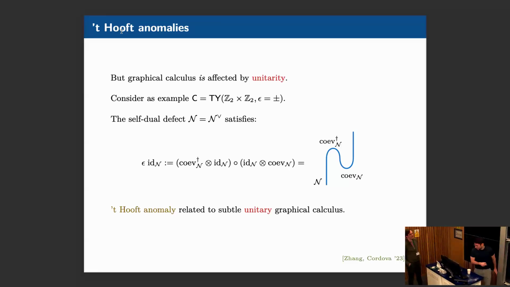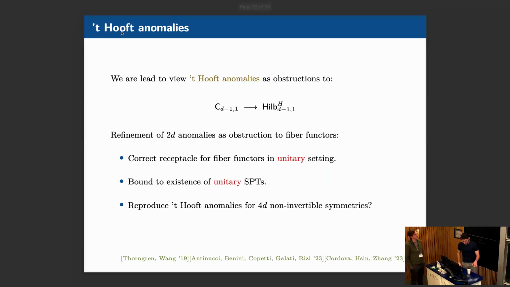So again, this is a reminiscent fact that the unitary structure starts to play a role in the notion of 't Hooft anomaly also for non-invertible symmetries. So this seems to suggest that the definitions of 't Hooft anomalies for non-invertible symmetries may need to be reformulated in order to account for unitarity.